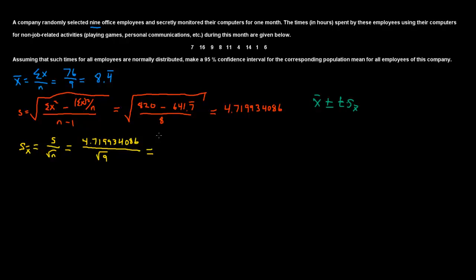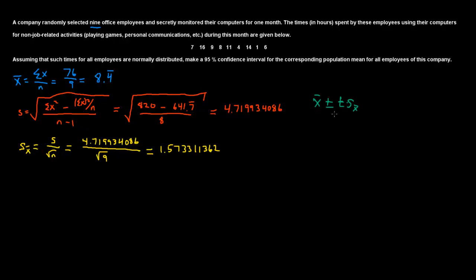So that's 4.71 divided by the square root of 9, which is 3, and I get 1.573311362. Again, I'm going to leave it like that for the time being. You don't want to round too early. That's probably overkill right there, but better safe than sorry. Okay, so now going back to our confidence interval, we know x bar, we know the standard deviation of our sampling distribution. Now we just need to find t.